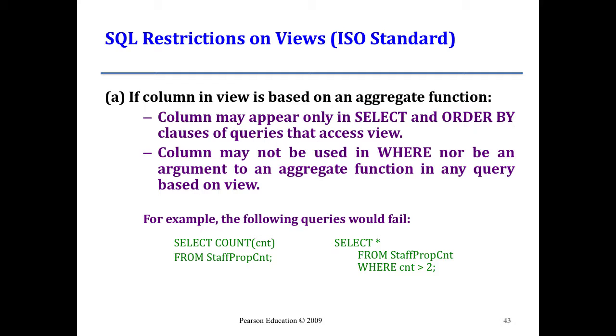Now, you might run this in MySQL and it might work. Can anyone suggest a reason why it might work in MySQL? Say it louder. If it has stored it as a temporary table, then it's fine, right? If it's using what we call view materialization, and it's actually storing it as a cache table, there's no reason why this query shouldn't work.